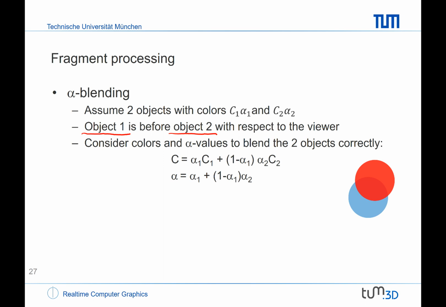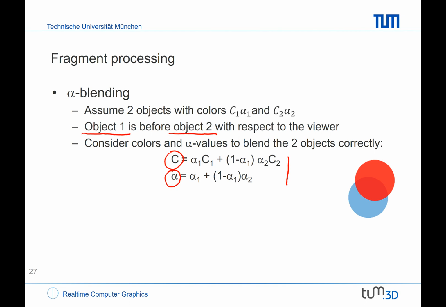Here are the blend equations which we use. The blend equations tell how the final color and also how the final opacity is computed by mixing the two color contributions and the two alpha contributions. In that mixing, of course, we have to take into account the opacities of these two contributions.